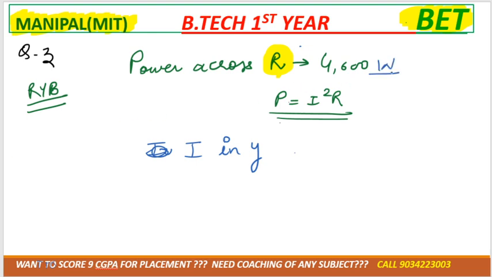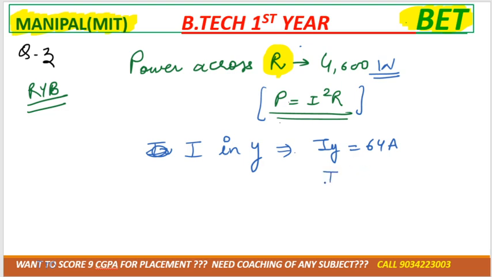for the active power only, when watt is given, then only you can use this formula. So then they said current in Y line reads 64 ampere. So IY is equal to 64 ampere, right? They said three identical star connected coils are supplied with this, so this is also a balanced load, right?